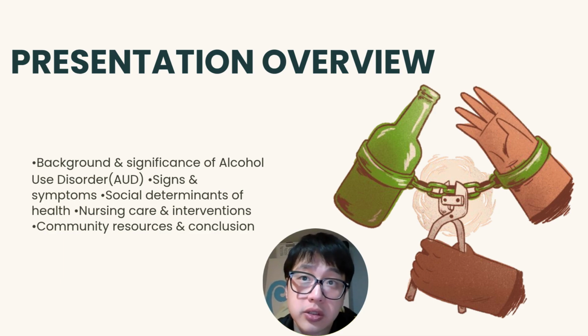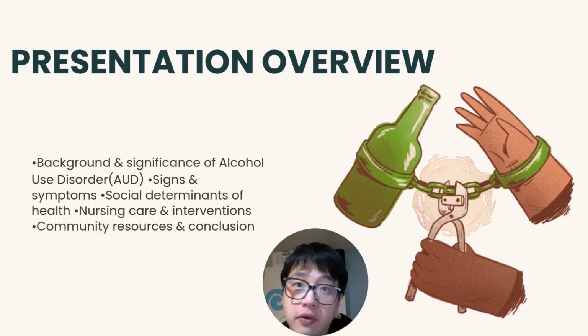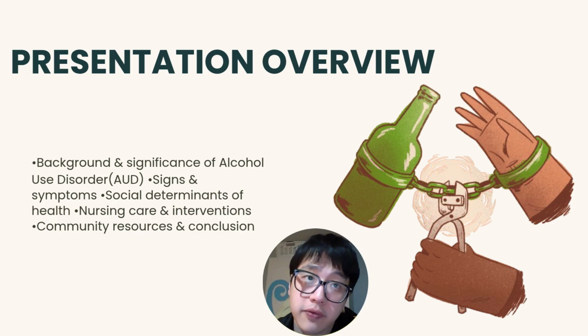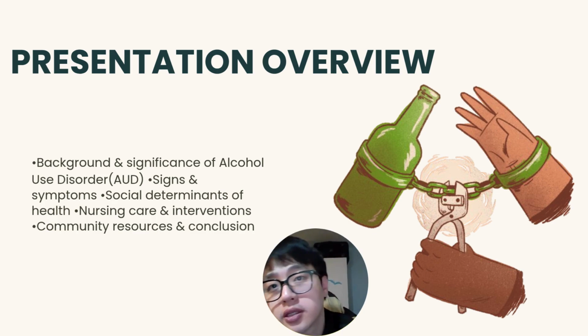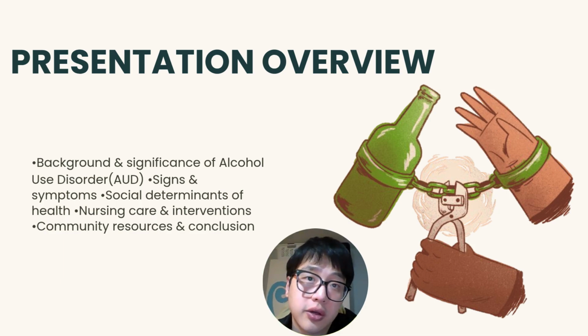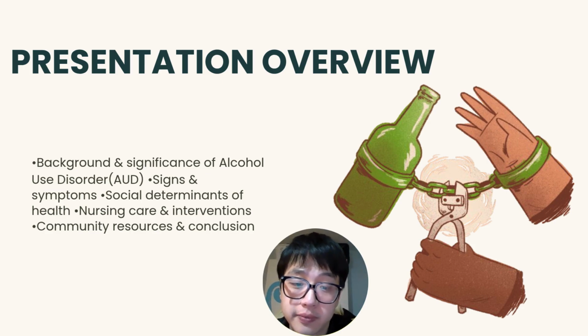Then we will look through a sociological lens at the determinants of health that drive these numbers. Finally, we will finish with the most important part for us: the nursing intervention and the community resources that could help our patients transition from crisis to recovery.